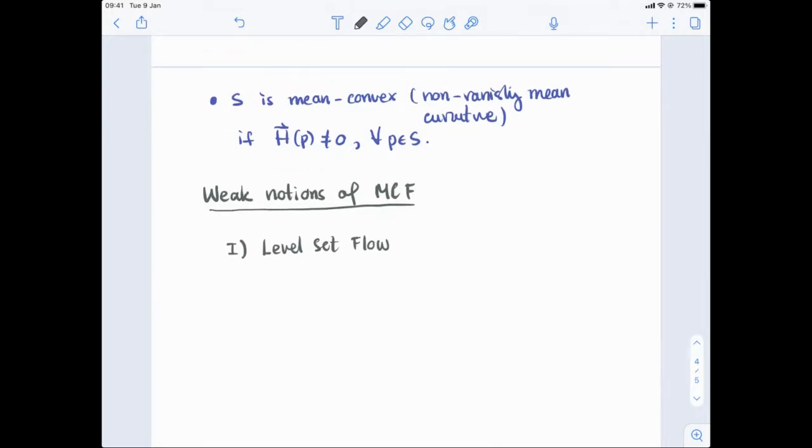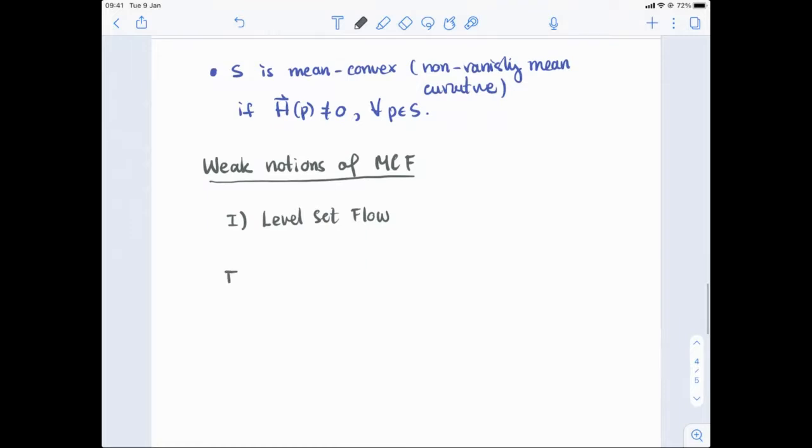The point here is that things evolve, and they might stop being smooth, and that's fine. The flow, because it has this set theoretical spirit, will keep evolving until it either vanishes or converges to something at time infinity. And then the other approach is the mean curvature flow with surgery.